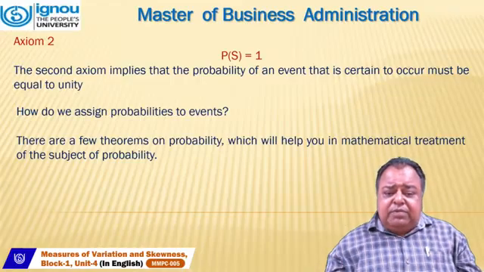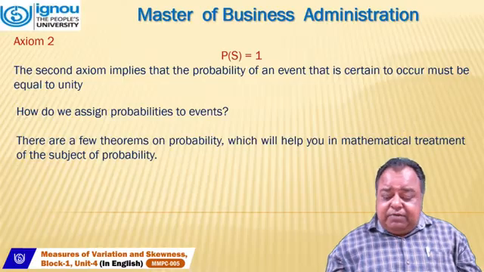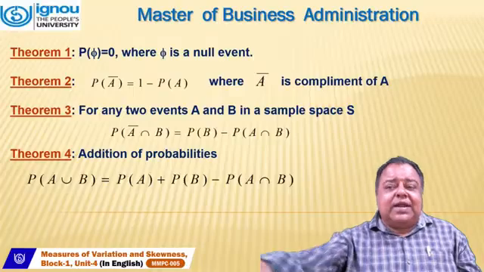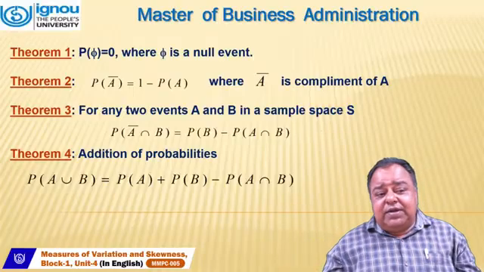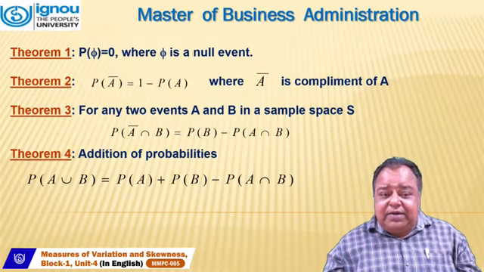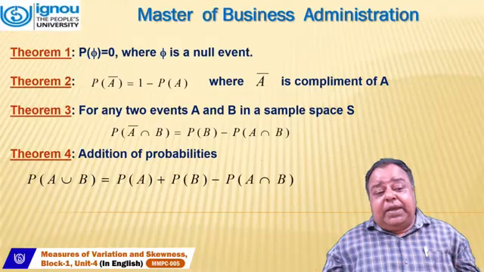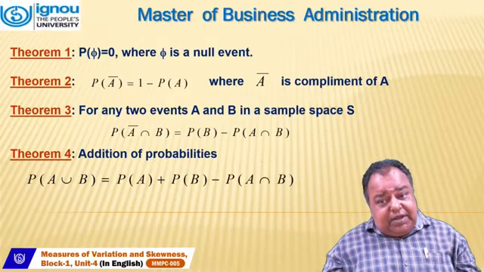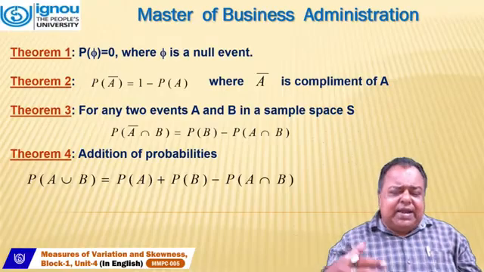There are a few theorems on probability which will help you in the mathematical treatment of the subject. Here is what we normally use directly in math. Probability of no event is equal to 0, that is the null event. Probability of the complement, P(A bar), is equal to 1 minus probability of A, where A bar is the complement of A. That is, rather, we can say the negative part.